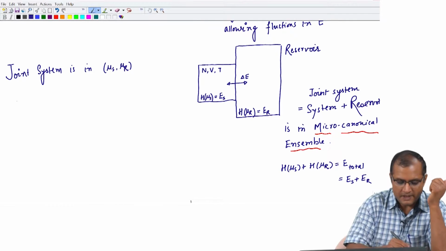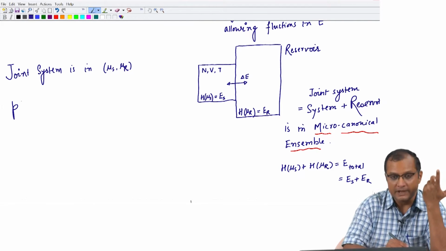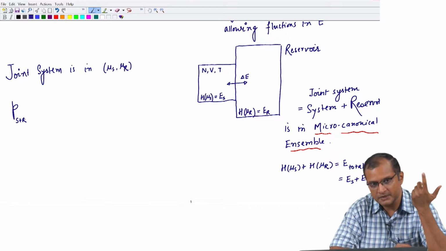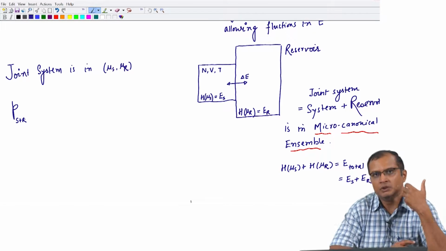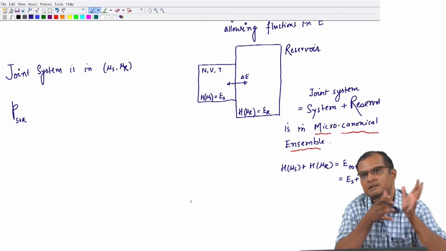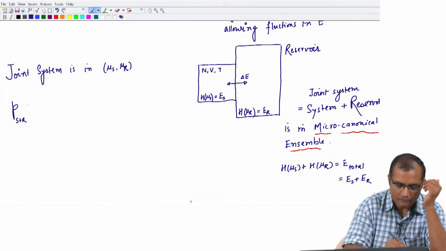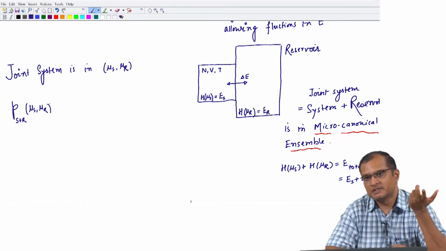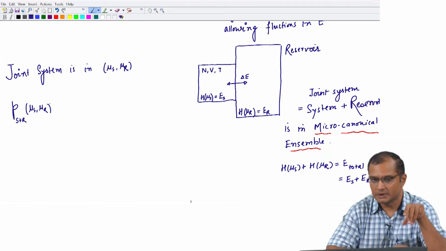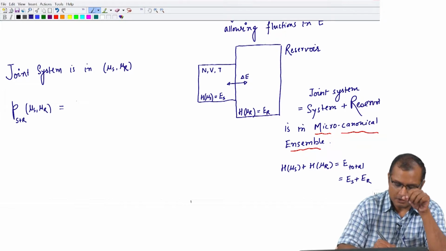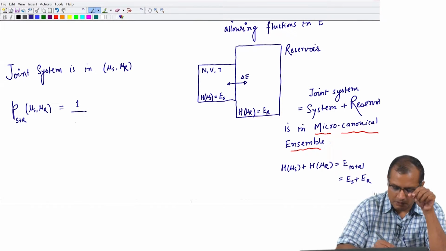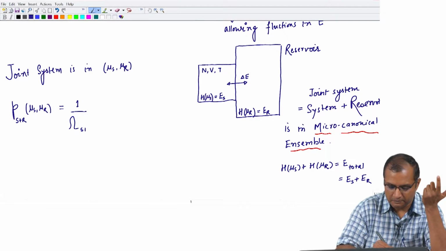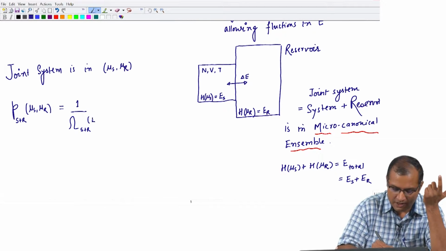What I can tell is the joint probability of obtaining the system and reservoir in some microstate mu_s, mu_r, that is, the system is in mu_s and the reservoir is in mu_r. Well, this is nothing but 1 upon the total number of states accessible to the joint system at energy E total.